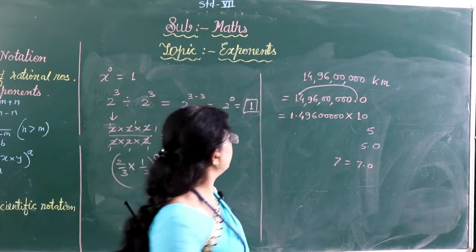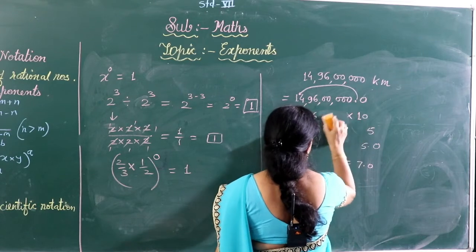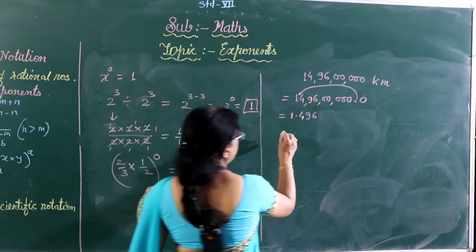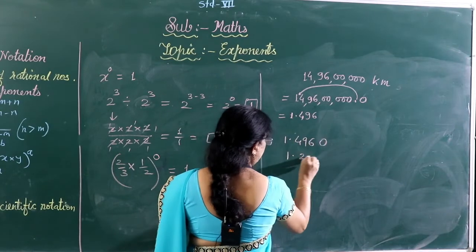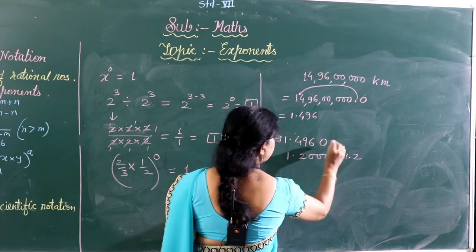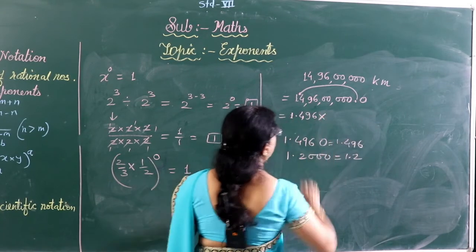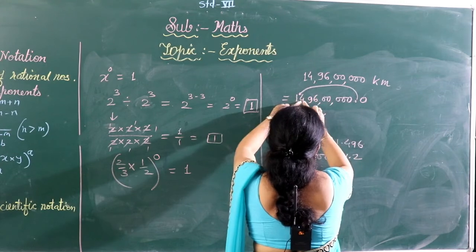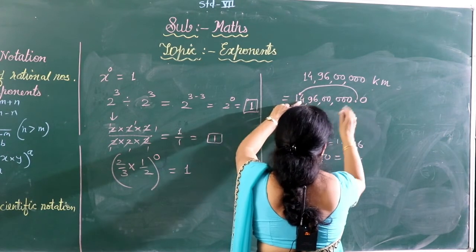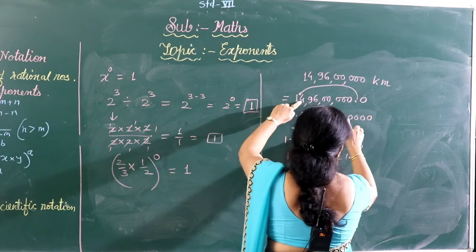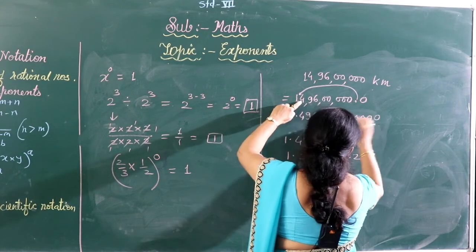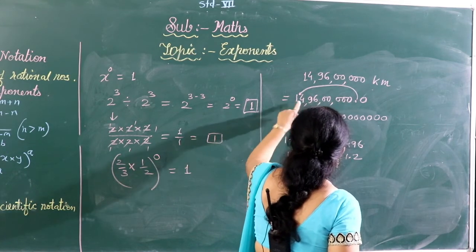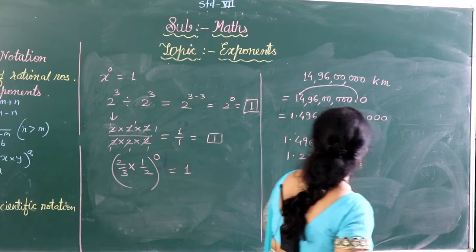We will not show the extra zeros, because you have learnt in 6th and 7th standard that 1.4960 or 1.200 equals 1.2. So we write 1.496 multiplied by something. Now count how many places the decimal point is shifting to the right: 1, 2, 3, 4, 5, 6, 7, 8. So 8 places.